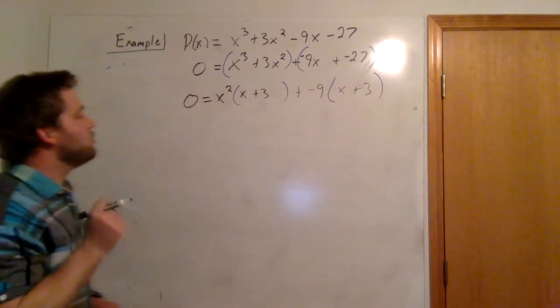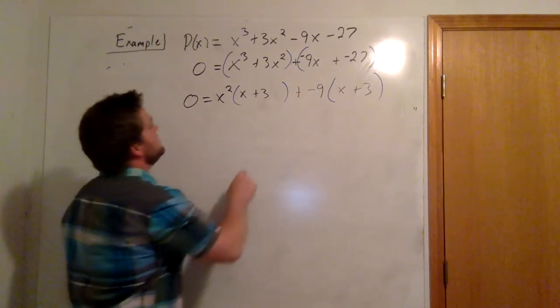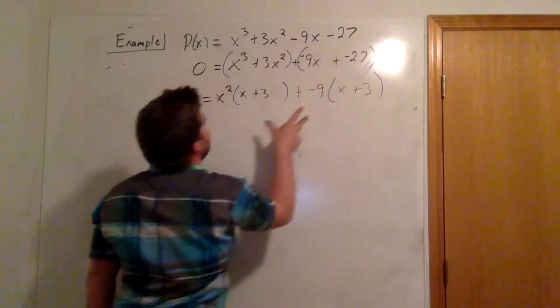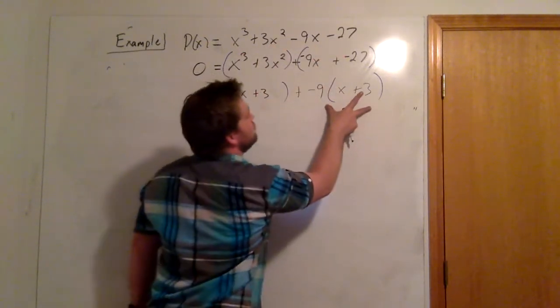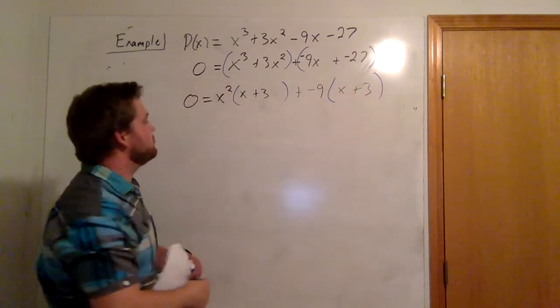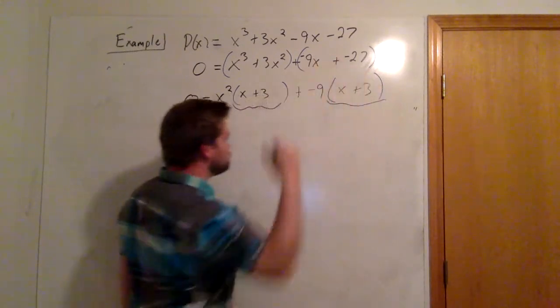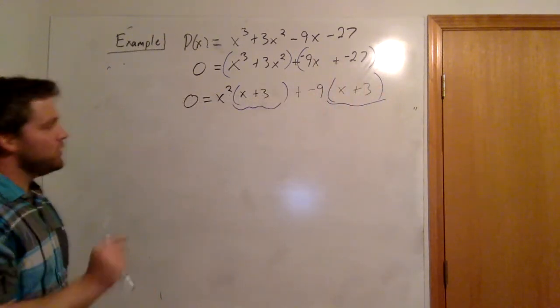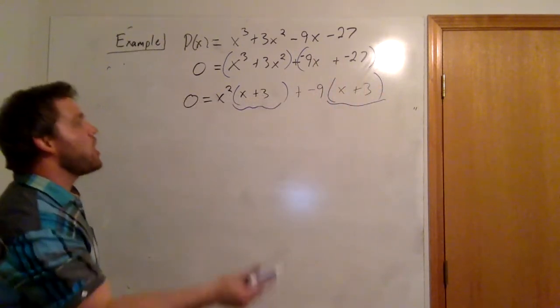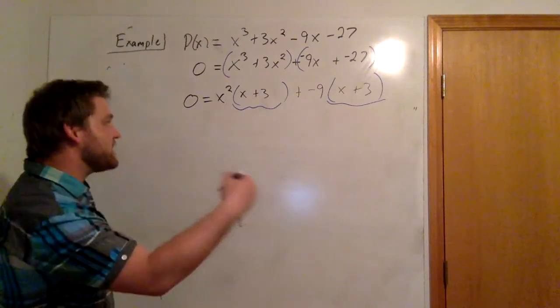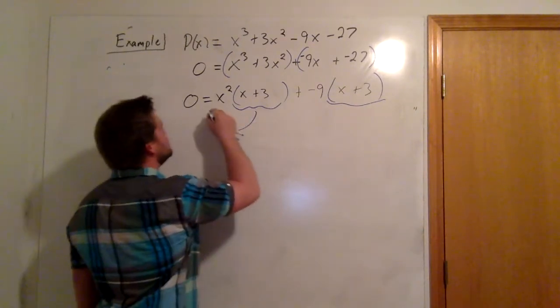Great news. Notice, I've now taken something that had 4 terms and now it has 2 terms. And each of these terms has a common factor of x plus 3. So what are we going to do? We're going to factor the common factor of x plus 3 out front.